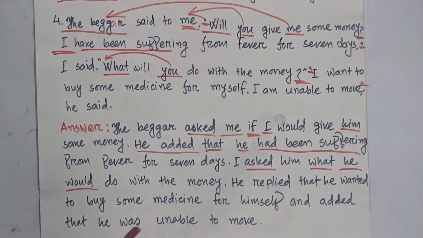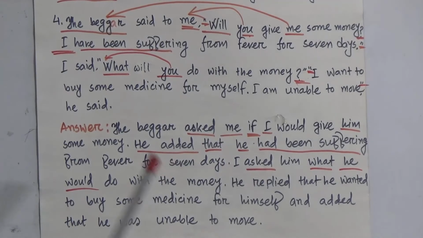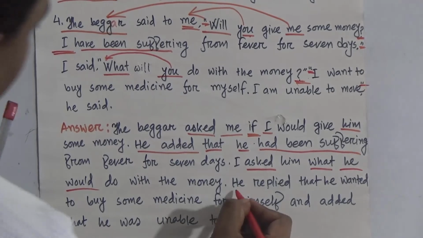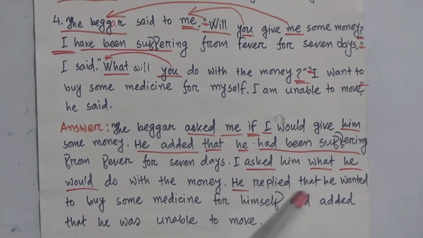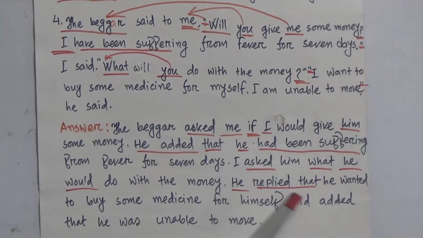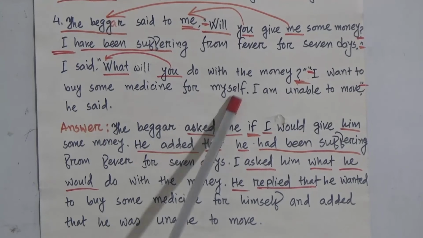It was said to whom? To me. So the beggar is the subject and me is the object of this reporting verb. So he replied that. It's an assertive sentence, so replied that is used here. That I want to buy some medicine for myself.